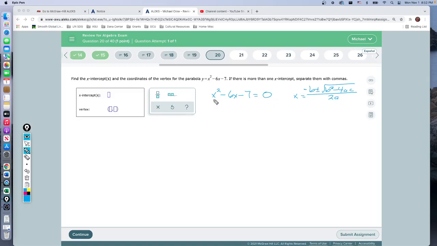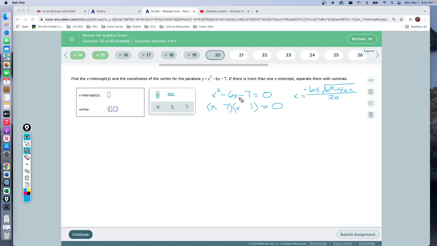But this is also a quadratic that factors, and that would be, in my estimate, an easier way to do it. To get x squared, I think of this as reverse FOIL, putting it back into the FOIL it came from. Here's x and x, and x times x gives us x squared. The negative 7 has to come from two numbers. Negative 7 is prime, so the only way to get 7 is 7 times 1.